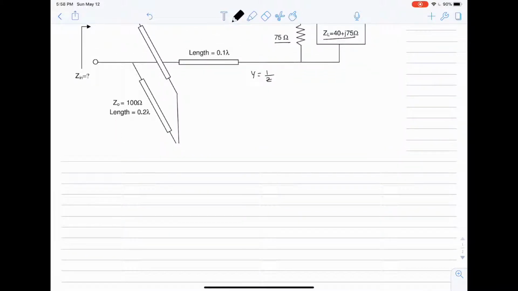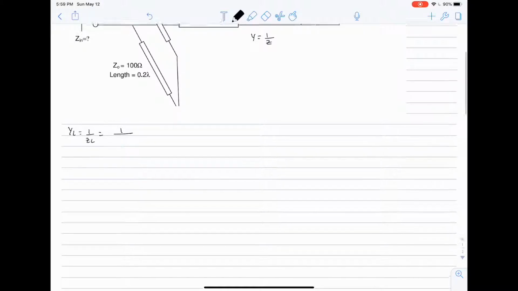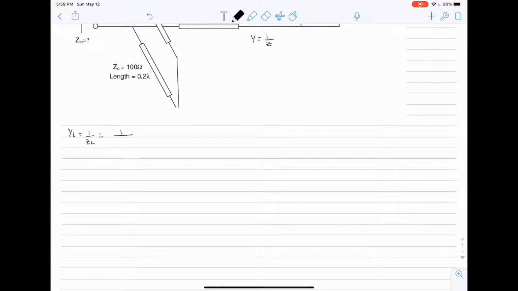So for our ZL, our admittance would be YL equals 1 over ZL, which is 1 over what we're given, which is 40 plus J75, and this is in complex form, but in order to divide, we have to put it in polar form.